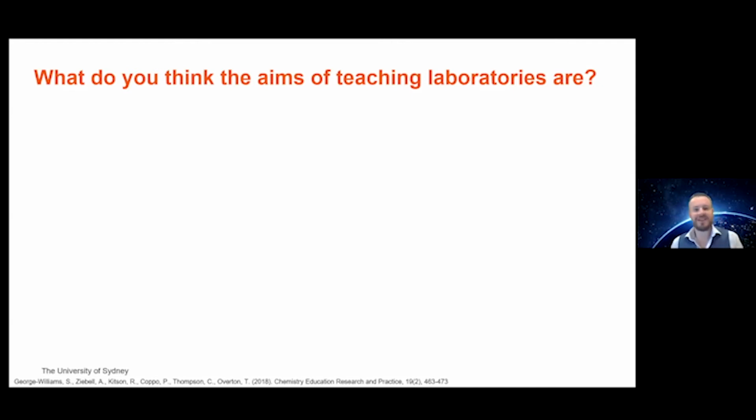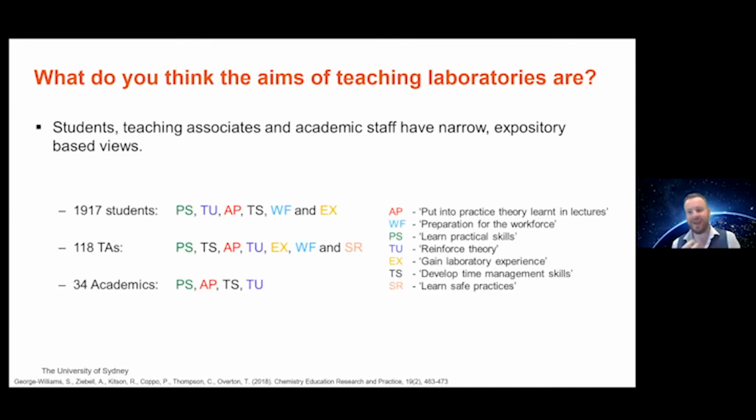It was particularly fascinating to then pull out all of those open questions and have a look at what people thought. Generally speaking, students and teaching staff, both the demonstrators and the academics, the number one thing they thought labs was about was the development of practical skills, which is good to see coming through.